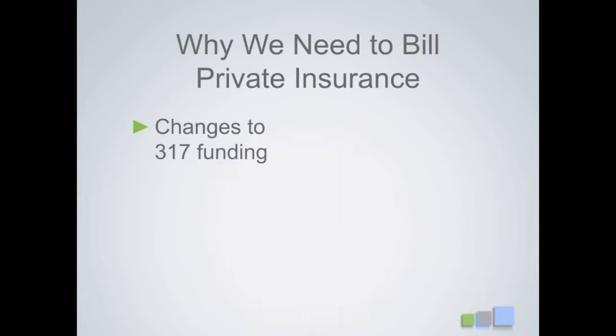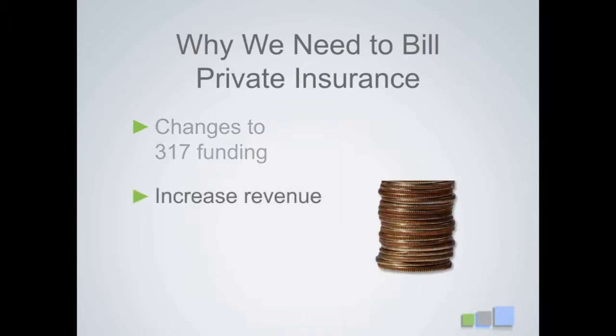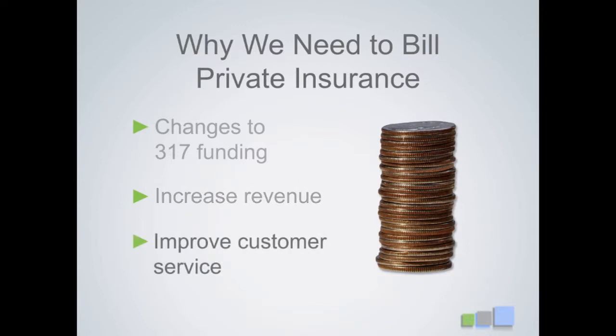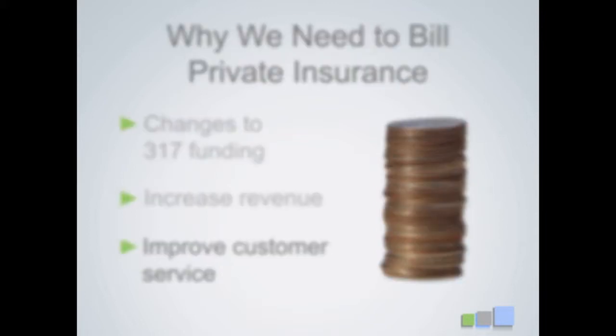By setting up a system to bill insurers, you can increase your clinic's revenue by getting reimbursed for services your clinic provides. Billing private insurance also improves customer service because you won't have to turn away insured patients. You can serve any patient with insurance and bill their insurance company.